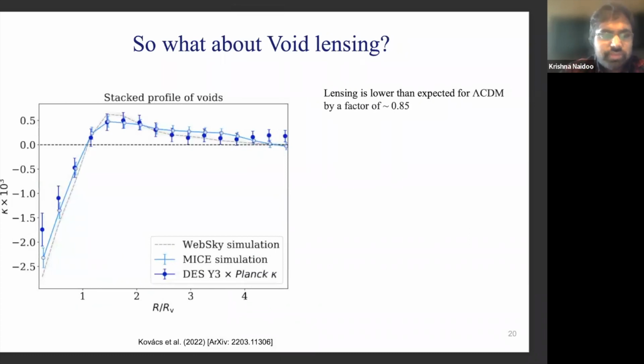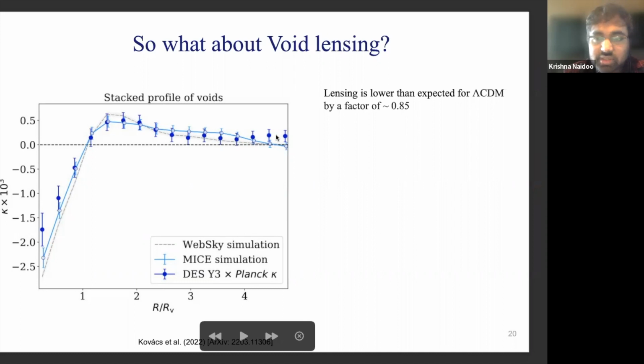While the void ISW signal seems much larger than what you would expect, the lensing seems to be the opposite. This is lensing from DES. The blue error bars are from the data, and these measurements are from theory and simulations.